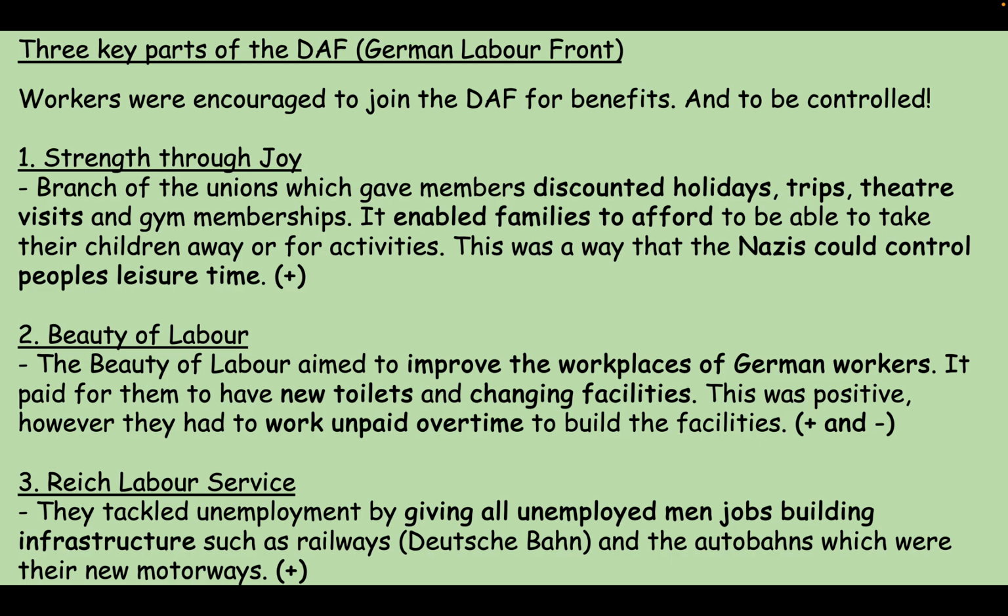So this was a positive for workers because they're getting more opportunities, these cheaper holidays, these theatre trips, gym memberships. So it's a positive thing for workers. But it does mean that if you're going on a Nazi organised cheap holiday, they're controlling your leisure time. So they're controlling how you're spending your free time.